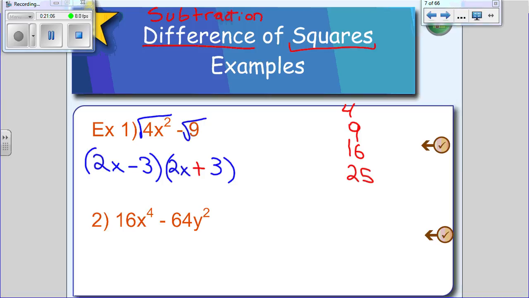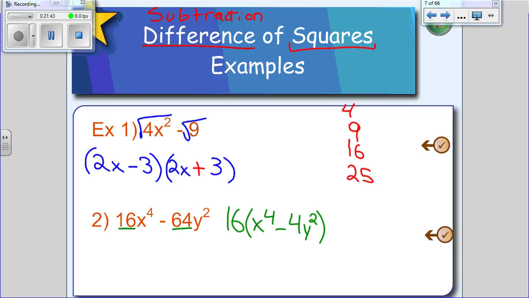So if you divide both of those by 16, you now have 16 bracket x to the power of 4 minus 4y squared. So that's like a brand new question for us now. If you didn't GCF, you can see how much more difficult this thing would have been. So you always, always, always, first step, do I have a GCF? Now you check and you say, do I have a difference of squares?